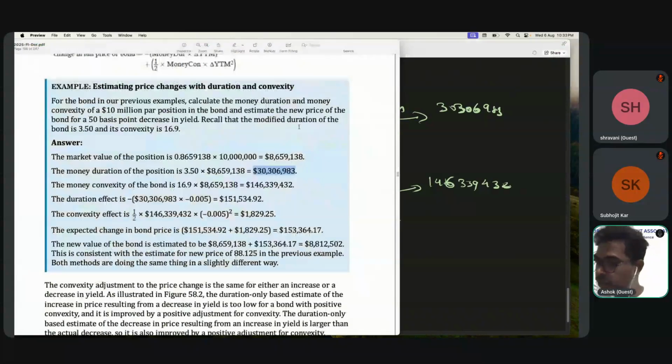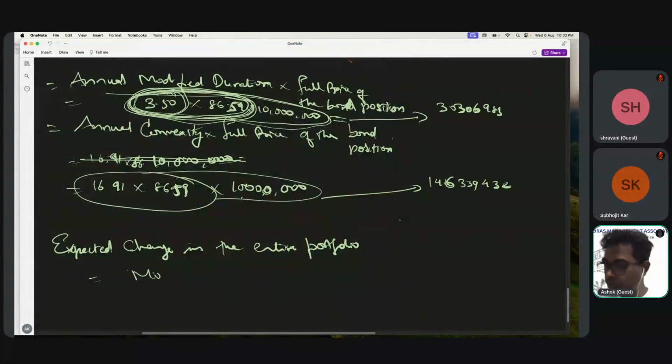Formula is duration, whether interest is going up or down. They said interest decreases, 50 basis points decrease. That means a positive number. Modified duration into delta YTM plus half of convexity into delta YTM square.